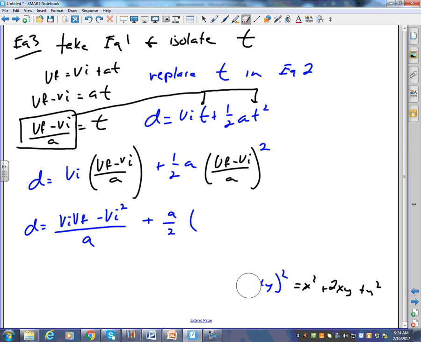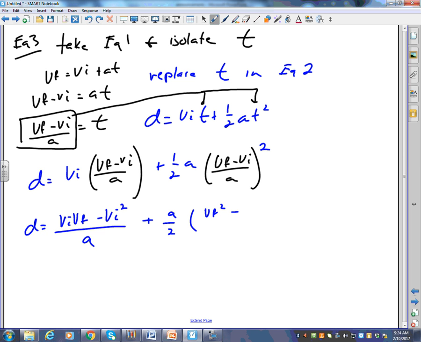Okay, so now apply that to Vf minus Vi squared. First is Vf squared, right? Outside, inside. The outside is Vf times Vi, and the inside is Vi times Vf. So there's two of them, and it's negative.